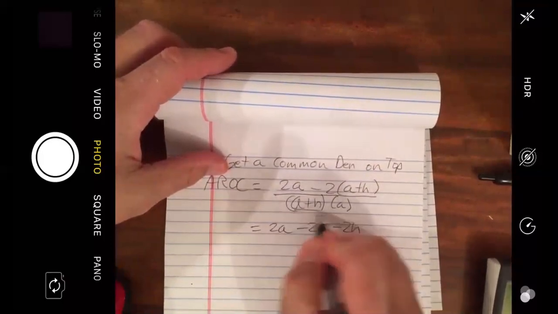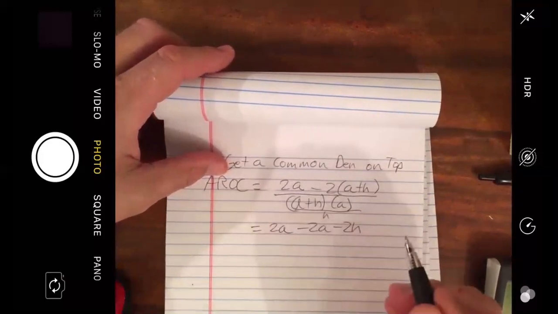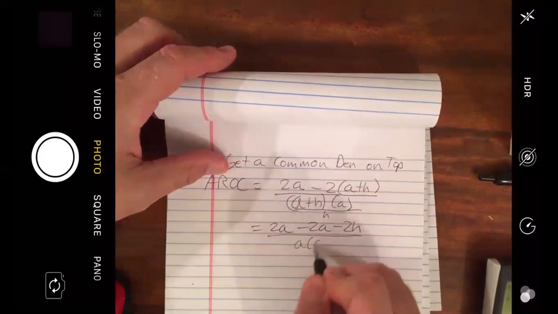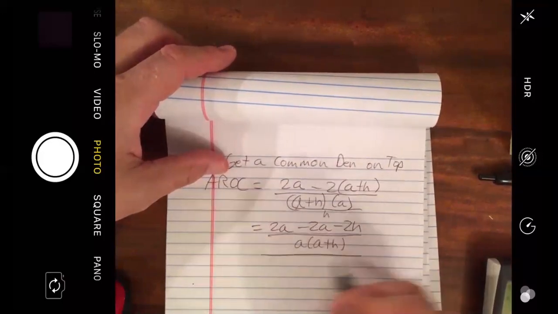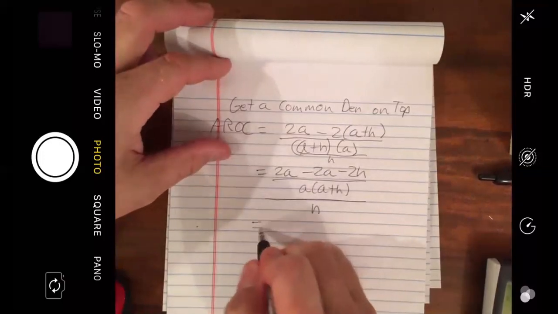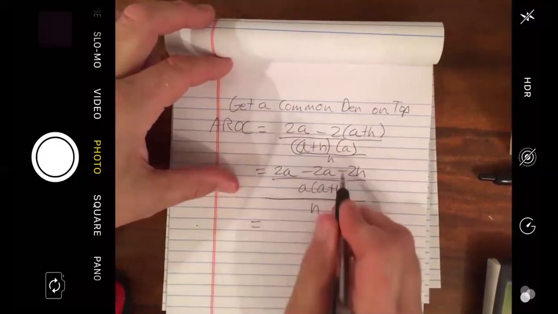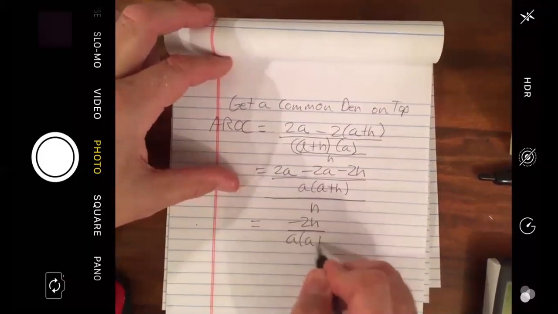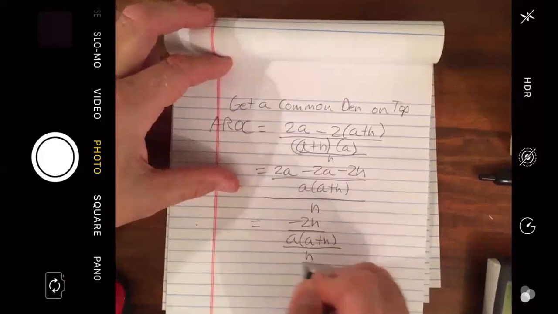Oh, dividing by h. Over a times a plus h divided by h. That would give me negative 2h over a times a plus h divided by h over 1.